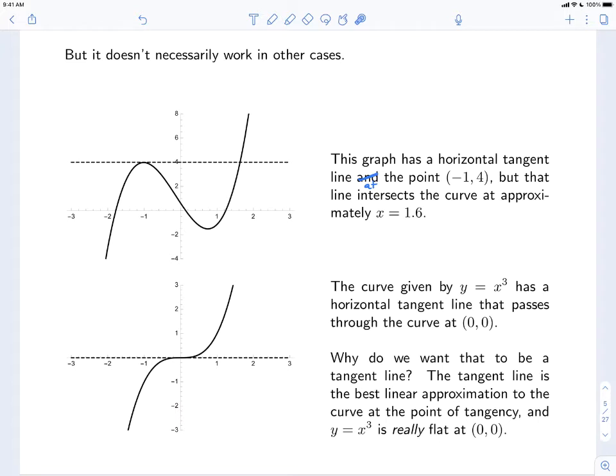So we want this to be a tangent line, even though it quite definitely passes through the curve. It just seems to sit there at the origin, and that's why we want this to be a horizontal tangent line to a curve where that curve looks really flat.